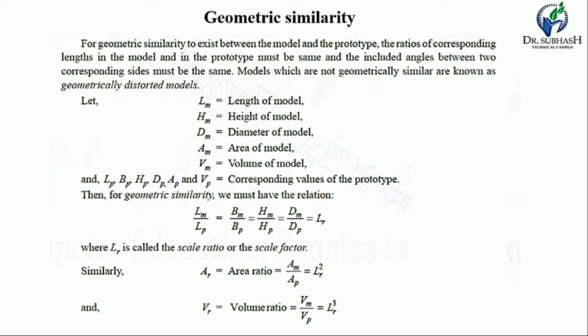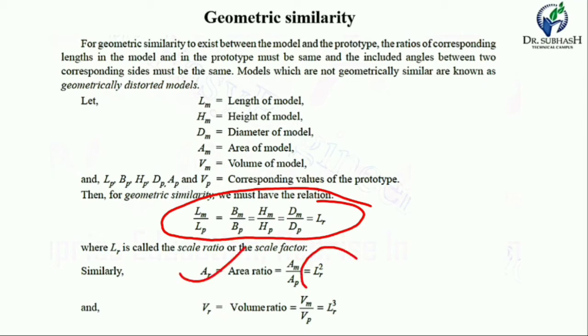The model is said to be in geometric similarity if it fulfills these conditions, meaning all the dimension ratios must be constant. Then the model is called geometrically similar. In case of the ratio of area, it is LR square, where LR is called the scale ratio.